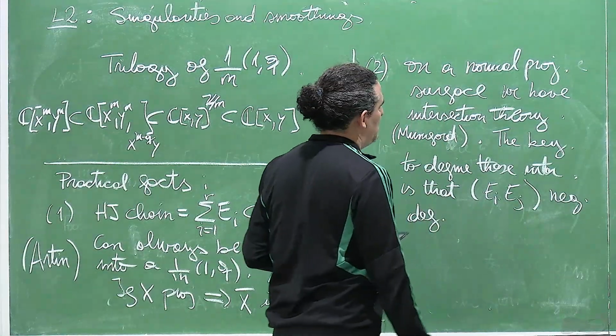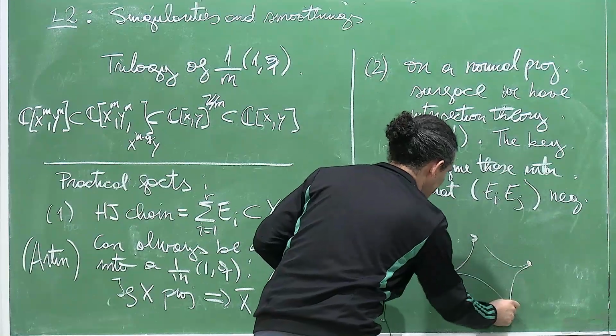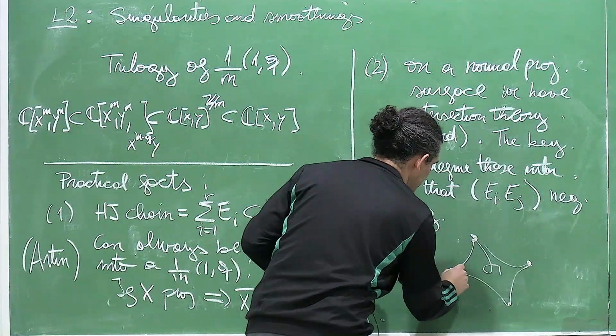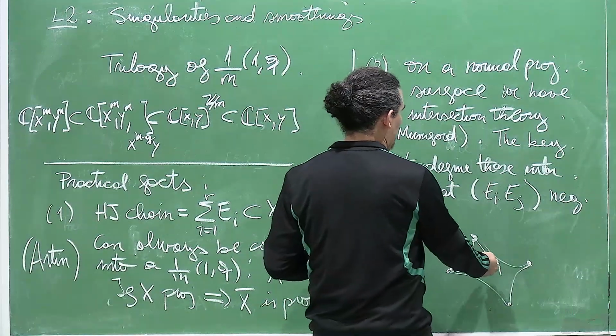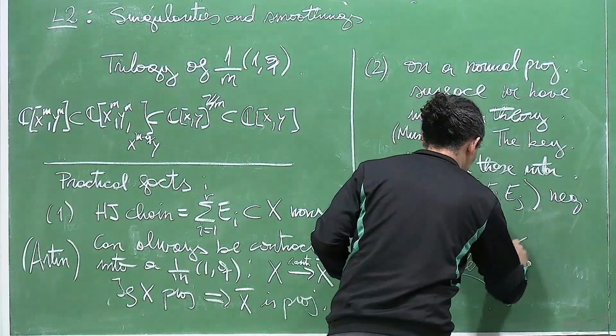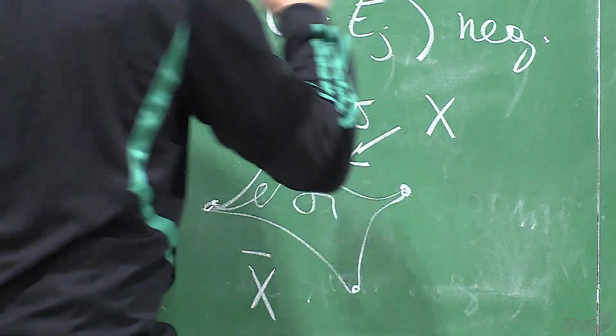And so if you have a singular surface, say with singularities here, and you have some curves you want to intersect, then the idea is to pull back. So you have the minimal resolution here. This is my x bar. This is the minimal resolution.